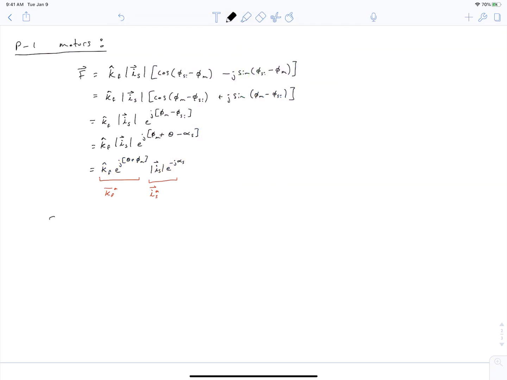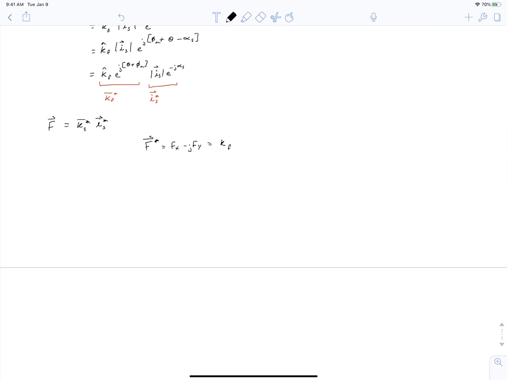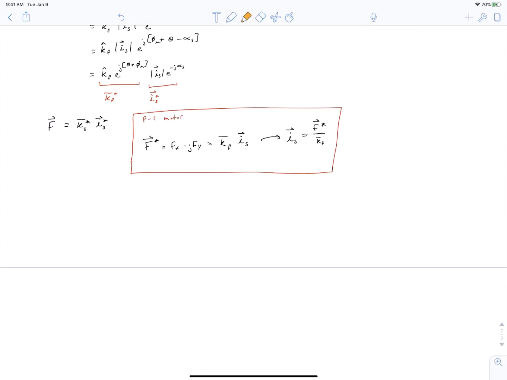And so we can observe that what we get is our force is equal to the conjugate of that expression. And it's a little bit more useful to write this as the conjugate of the force when we're talking about our control. And so we finally end up with this expression here, which is the conjugate of our force.